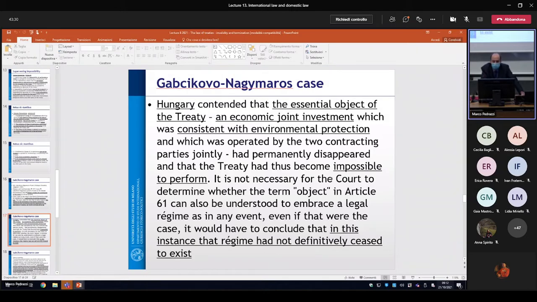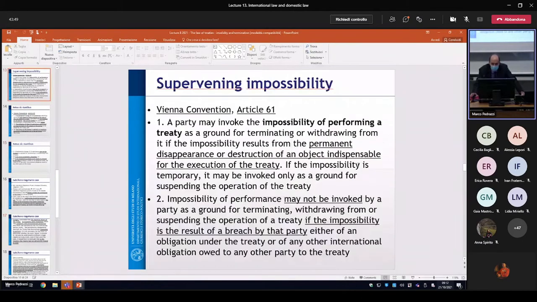Now, the court clarifies that in this case it is not necessary for the court to determine whether the term object... let us go back to Article 61.